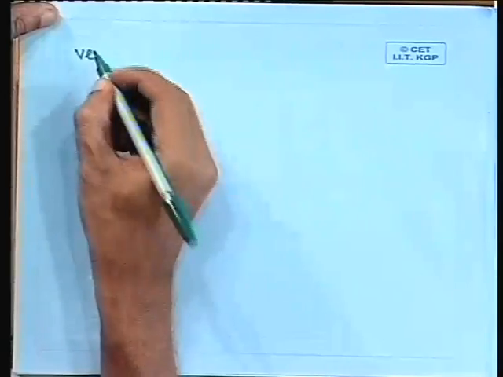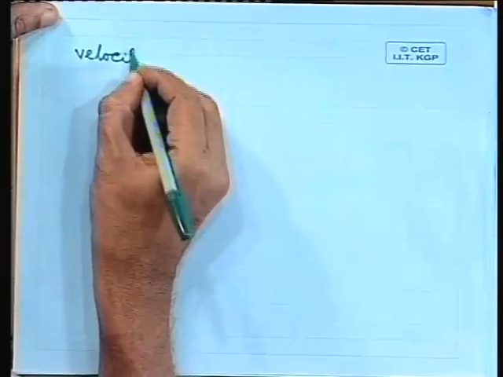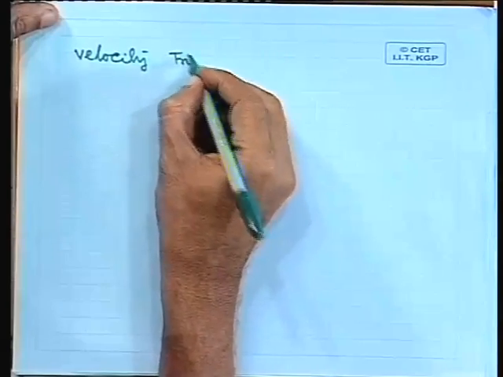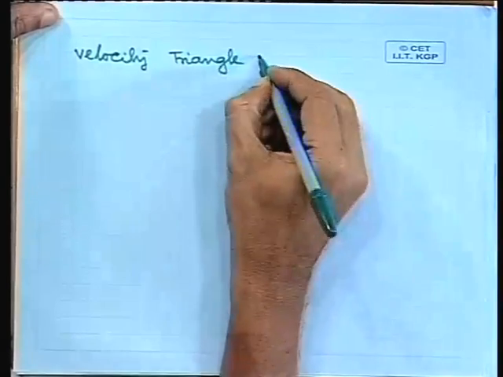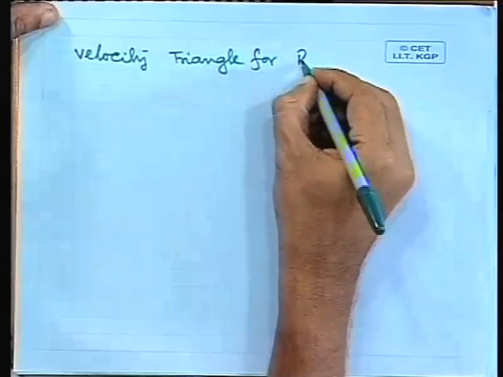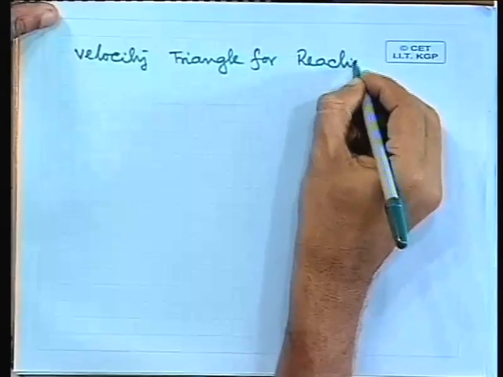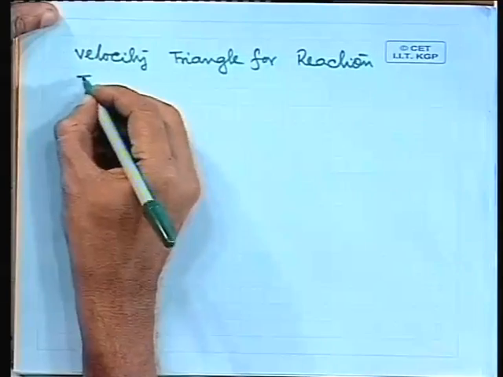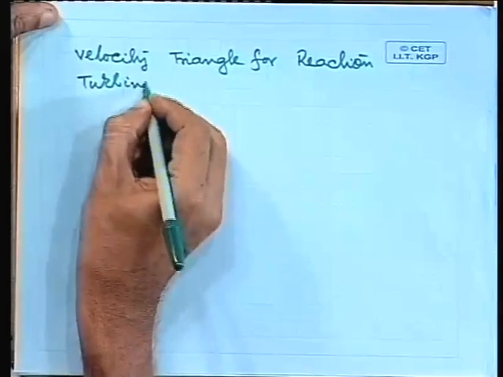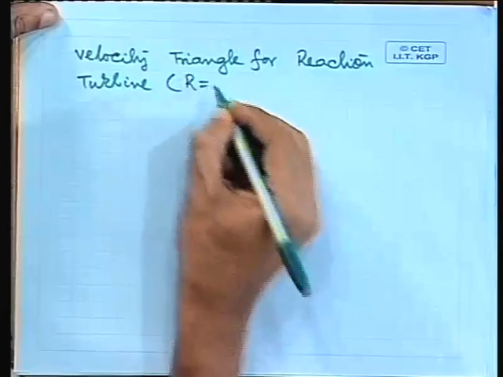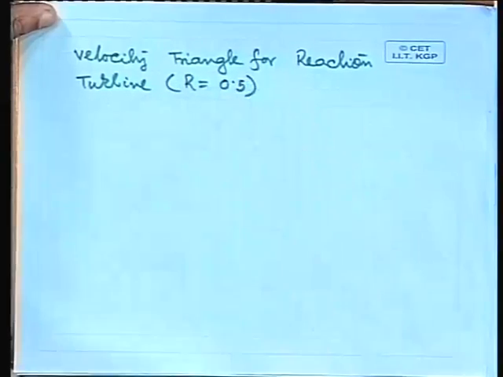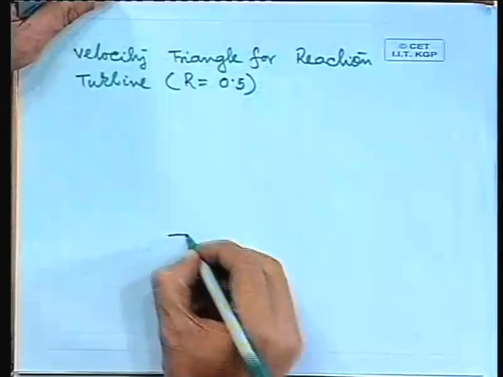velocity triangle. We can now have a construction of the velocity triangle. So, if we write the velocity triangle for a reaction turbine, and we write R is equal to 0.5, then we will have the velocity triangle like this.